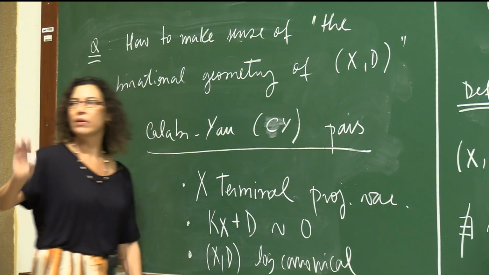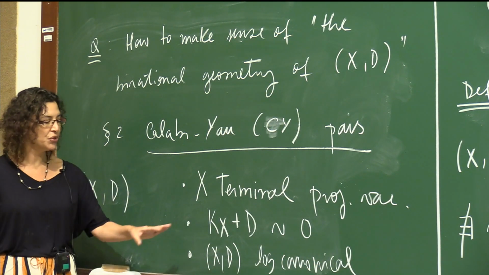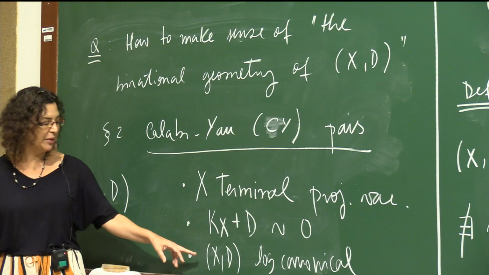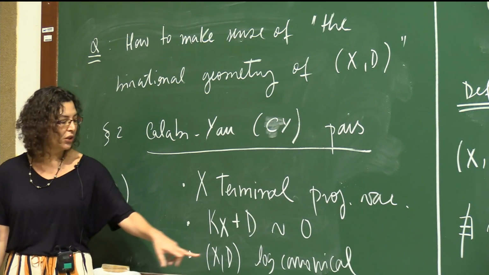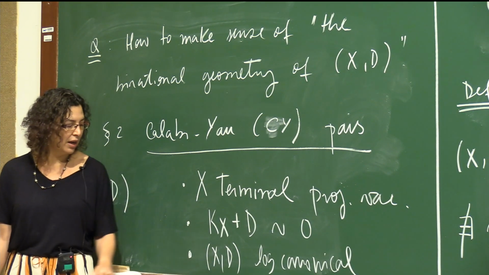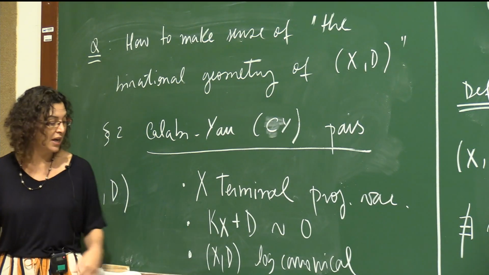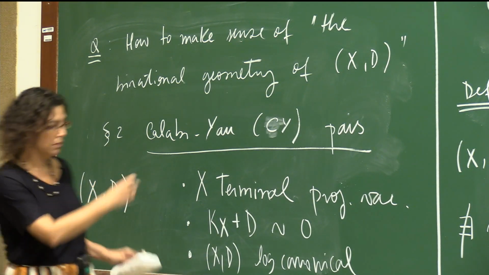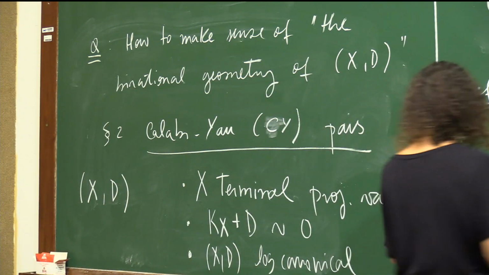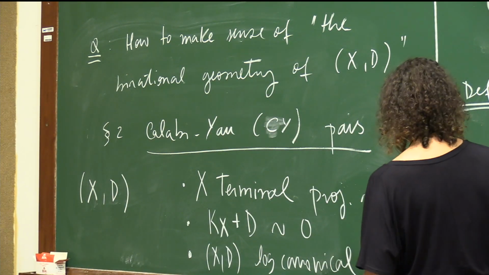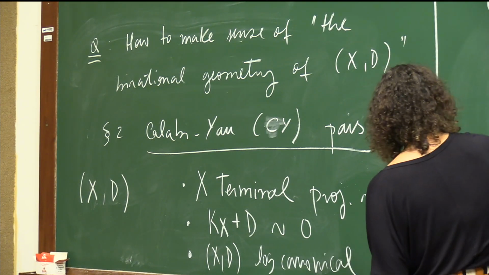So for now, at least for the next 20 minutes or so, you can think of this as being a smooth projective variety together with a hypersurface, possibly reducible hypersurface, anticanonical hypersurface. And so this is the notion of a Calabi-Yau pair.